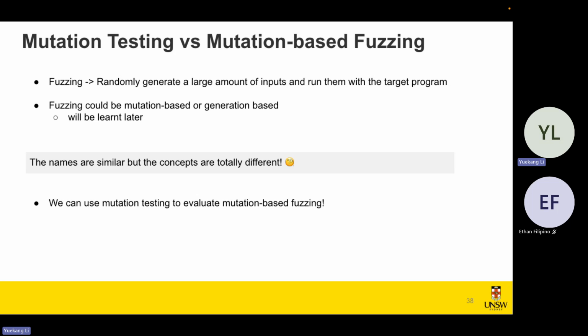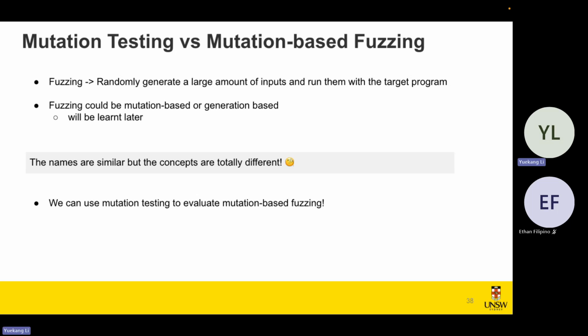Mutation-based testing is to apply some small modifications or changes to the test cases to randomly create test inputs. So in mutation-based testing, the mutations are applied to the test cases or test inputs. But for mutation testing, the mutation is applied to the target programs.